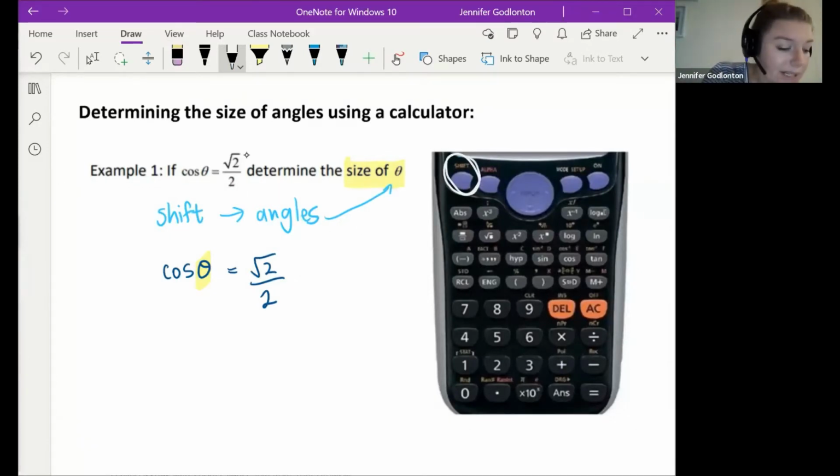And then, because we're dealing with cos, I want you to push cos. You'll see above cos in yellow, it says cos to the -1, and that's what we're wanting. So on your calculator at the moment, it should say cos to the -1 with an open bracket. Before I move on, is anyone needing help with steps up to that point?